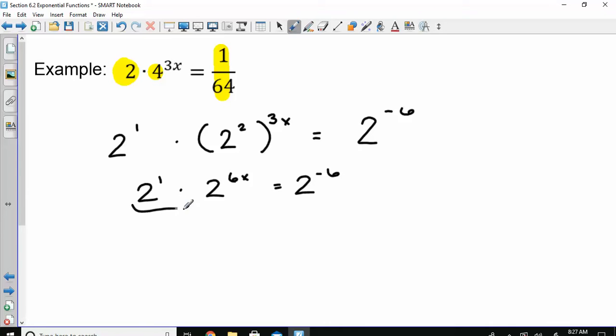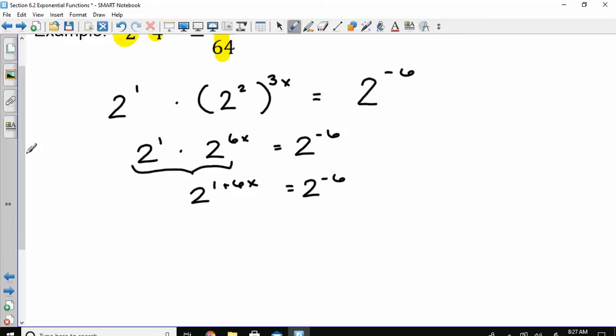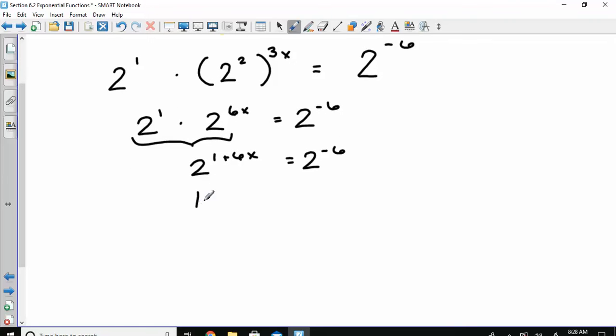When I multiply these, what do we do with their exponents? So now I can set the exponents equal. So if I subtract my 1, divide by 6, I get -7/6.